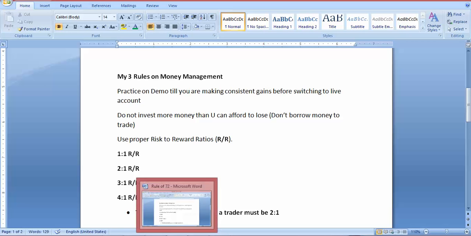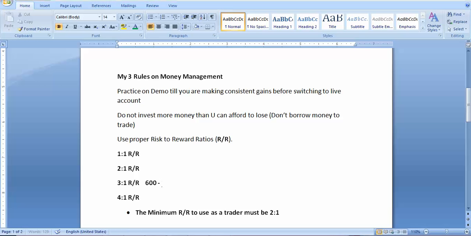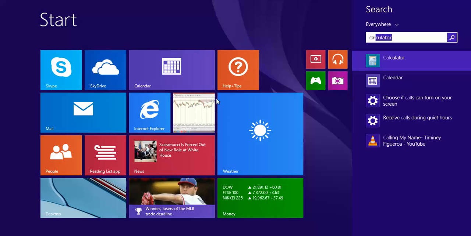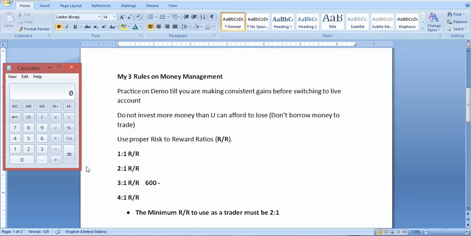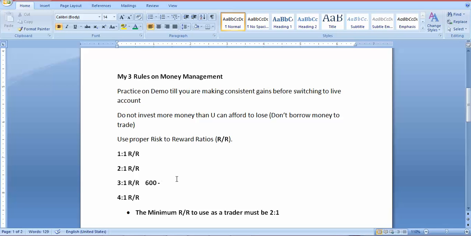Let me calculate it with a calculator. 33 times 4 is 132. So 600 minus 132 gives us 468.